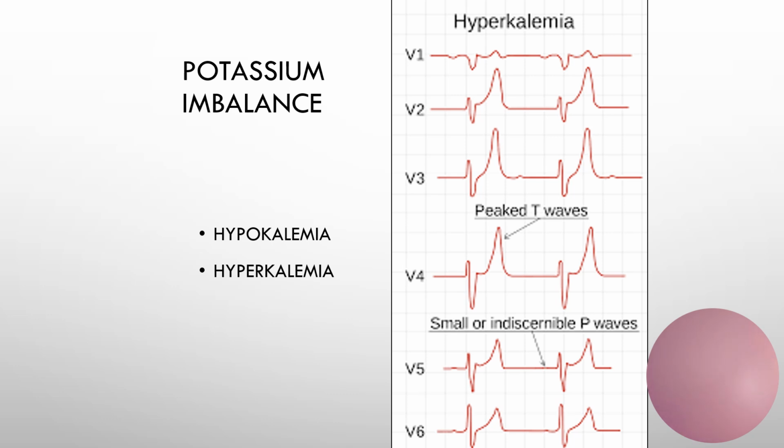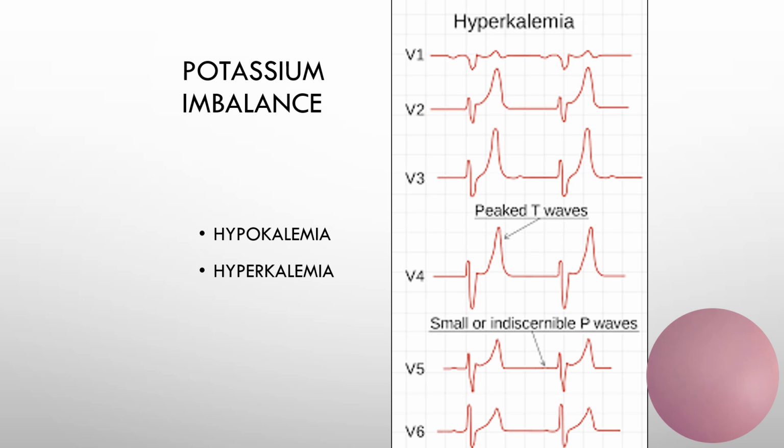This is the ion that is going to be most prevalent in the intracellular compartments. Normal levels are 3.5 to 5.5. Hypokalemia can be caused by potassium-wasting diuretics such as furosemide or spironolactone.